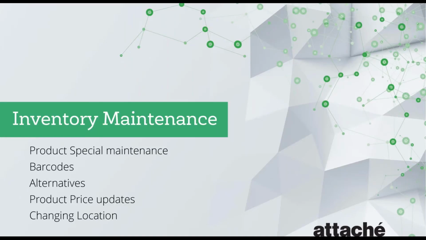So we're going to look at inventory maintenance, as I was saying, the product special maintenance, barcodes, alternatives, price updates, and changing location.